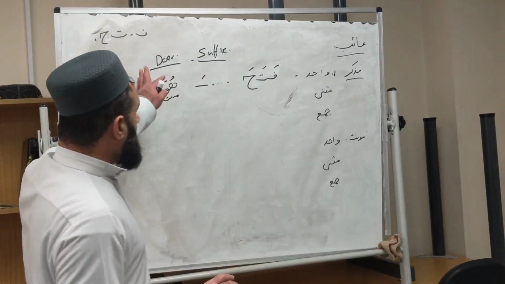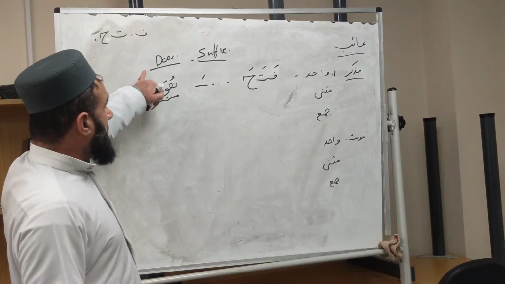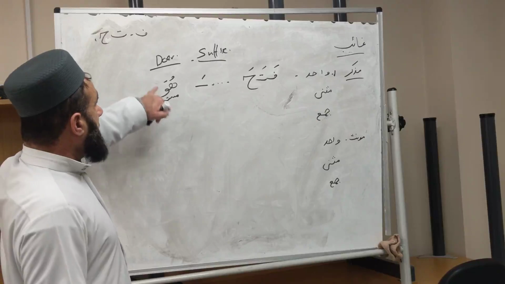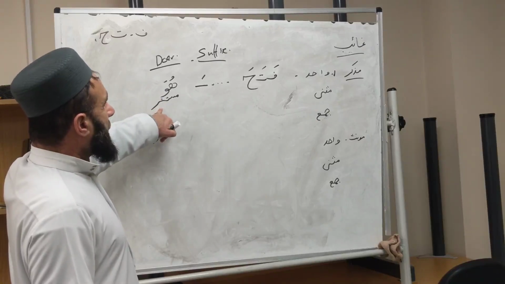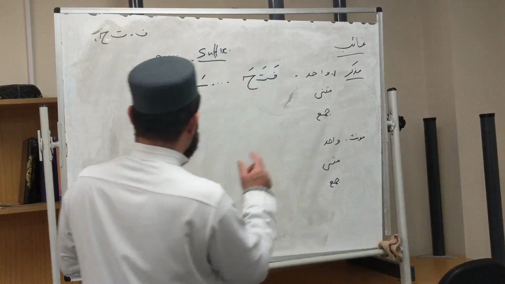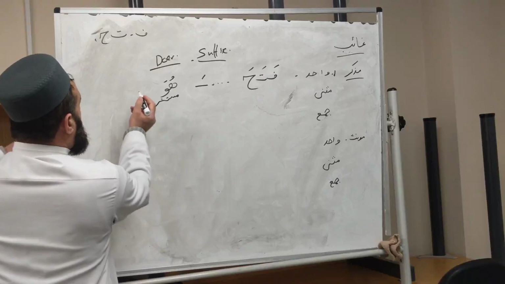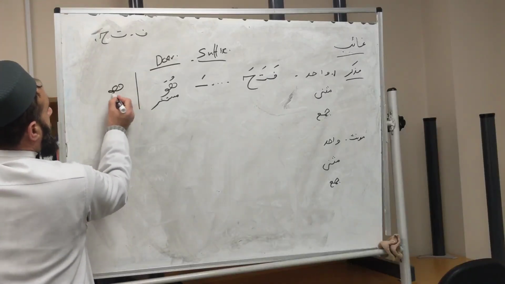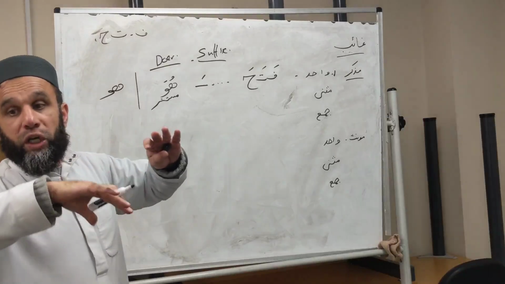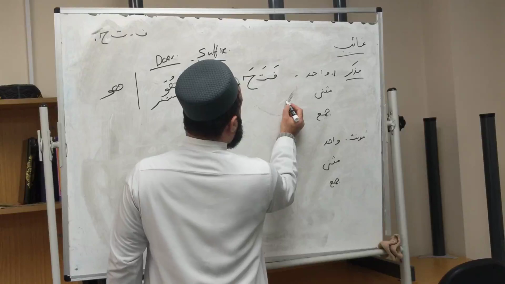So in simple terms, the doer here is implicit, hidden, and this represents huwa. Huwa is the zamir which is being corresponded to.